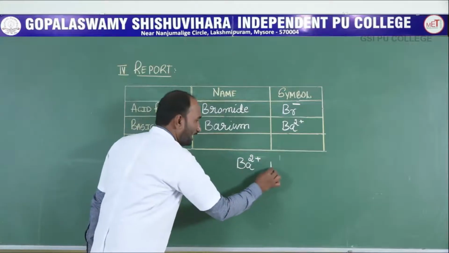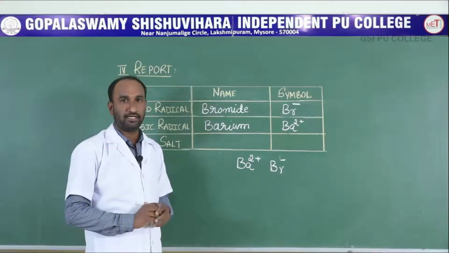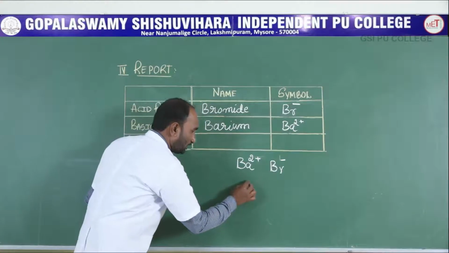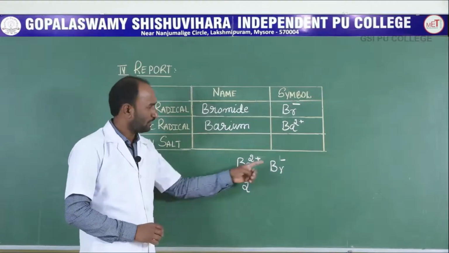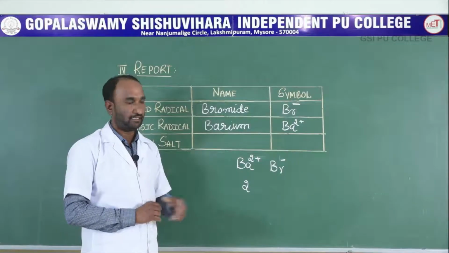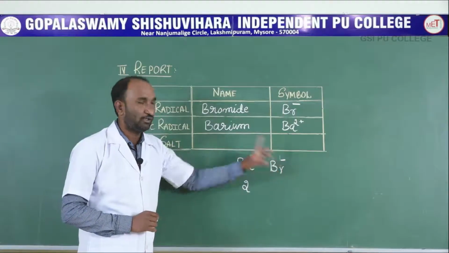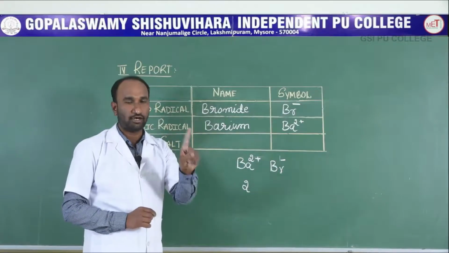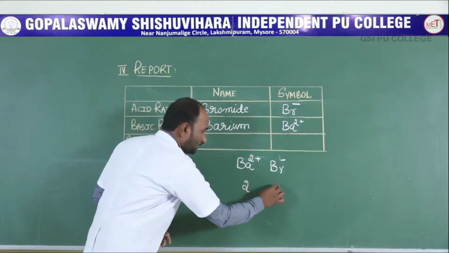It is Br minus. The charge on barium is +2, written only as the number 2. The charge on bromide is minus; if nothing is written, the charge means 1.